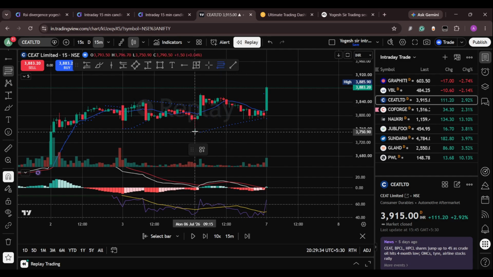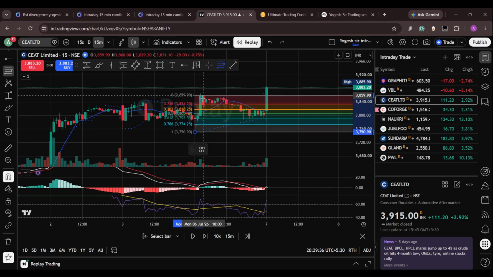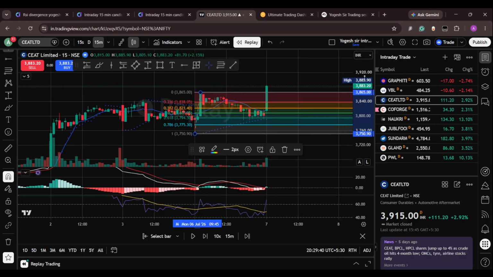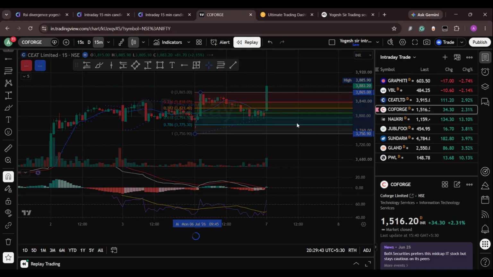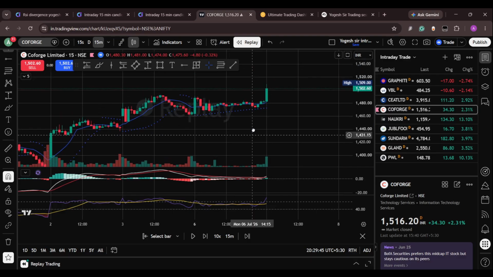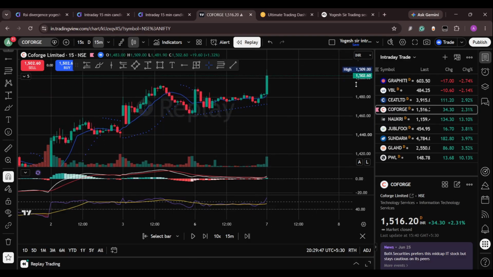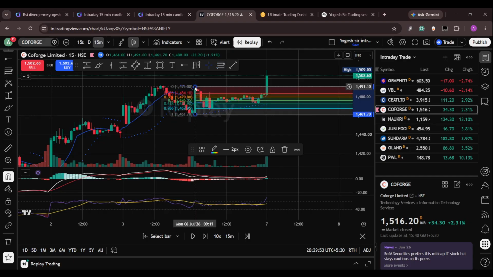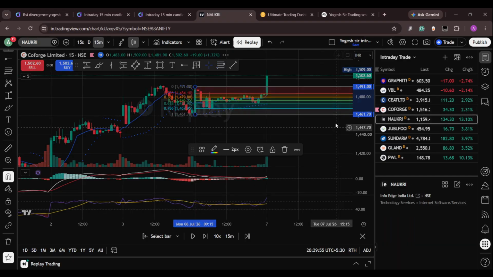9:15 candle of the previous day. This is the low. This is the high. Same thing in here. My low, my high.